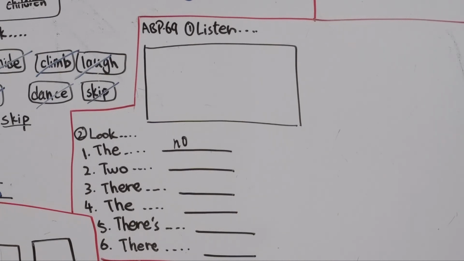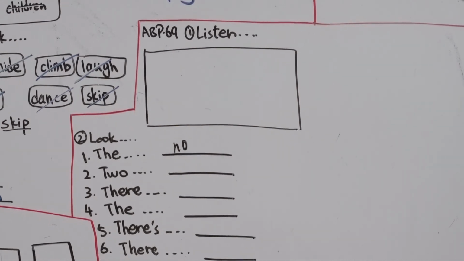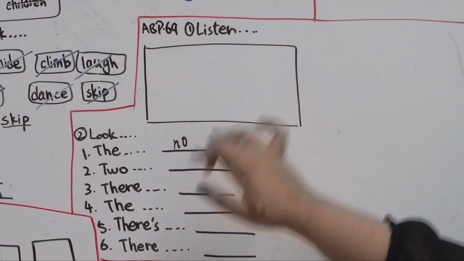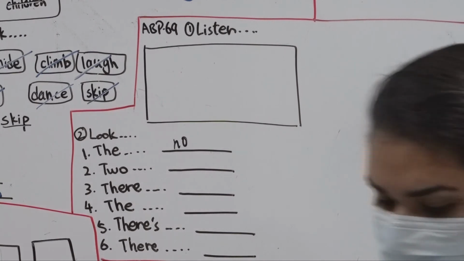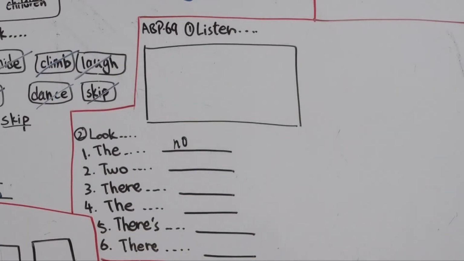Color the school gray and the door black according to the soundtrack. Alright, if you're done coloring the school gray and the door black, then we are moving on to the next one. It says writing, right? So prepare your pencil for writing.